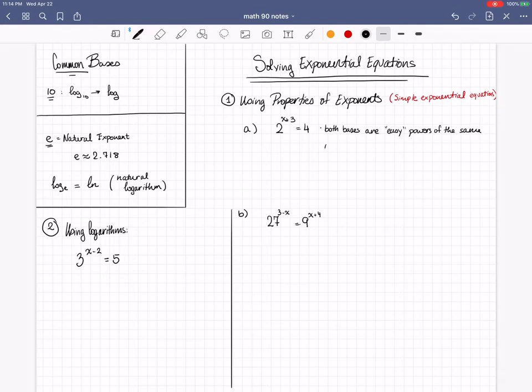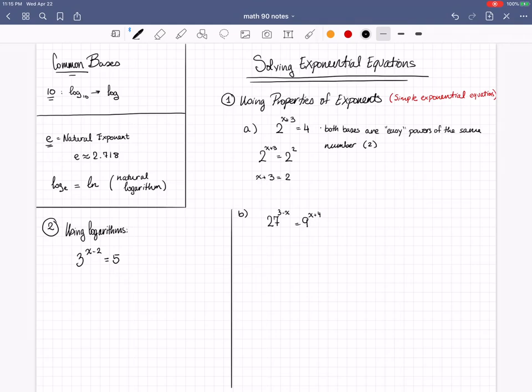And of course, in this example, that's 2. So 2 to the power x plus 3 is equal to 4. I can write that as 2 to the power x plus 3 is equal to 2 squared. And whether you want to make a big to-do about it or not, since exponential functions are one-to-one, if two powers of 2 are equal, the powers must be equal.